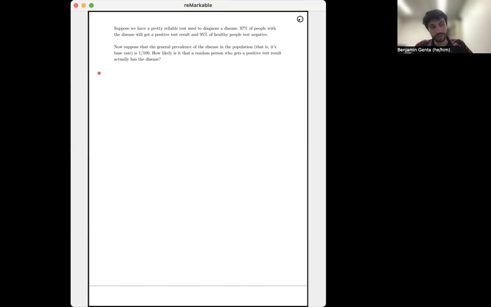So what do we want to find out? A good step to start is: how likely is it that a random person who gets a positive test result actually has the disease? How do we write that in terms of probability? Well, first we have to write out those statements. Let's write the symbol plus to mean you test positive. The symbol minus means that you test negative.